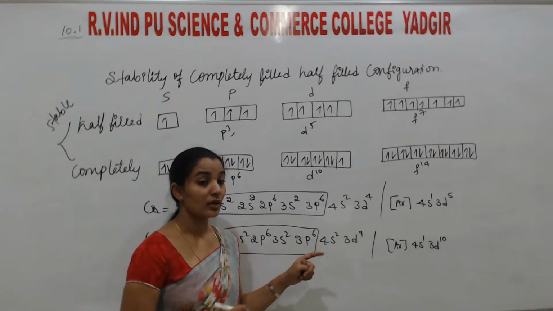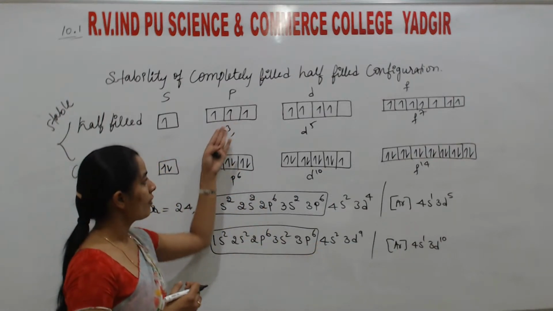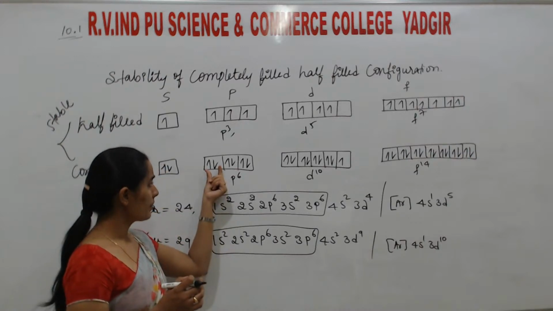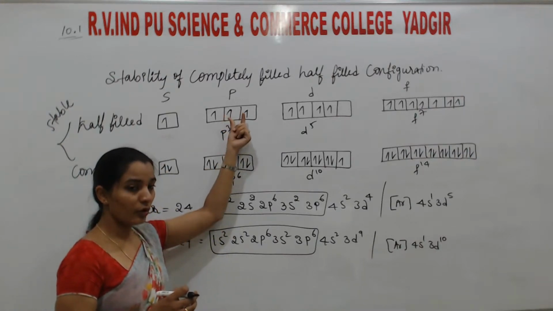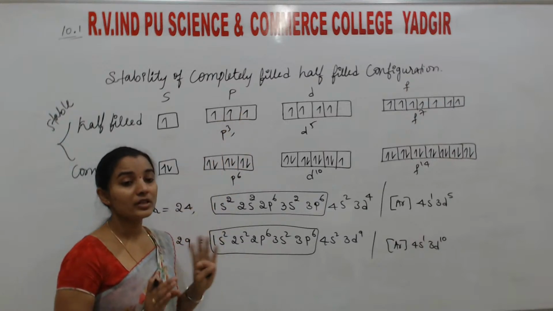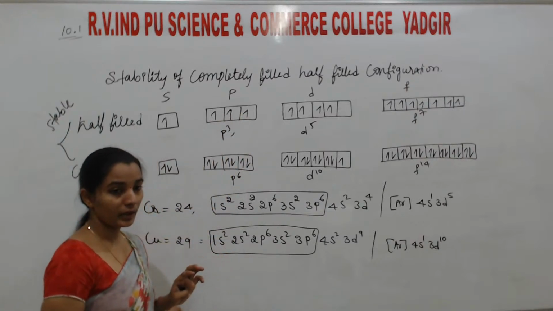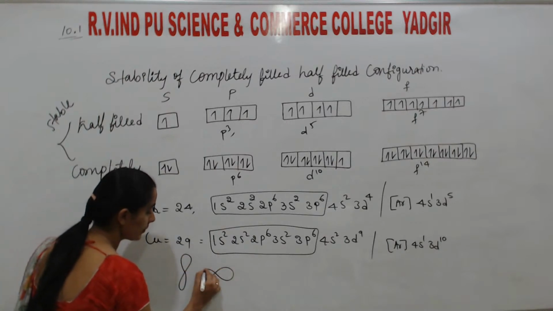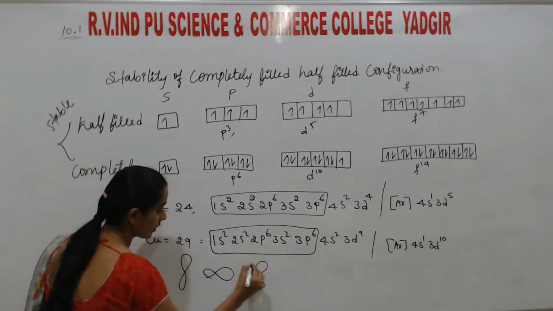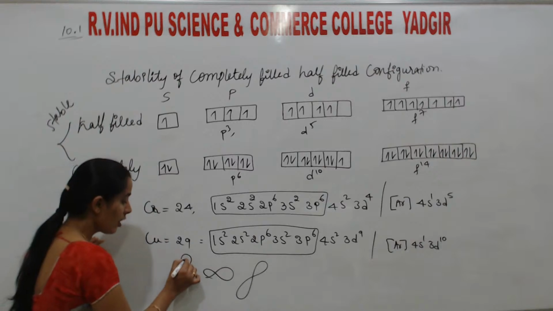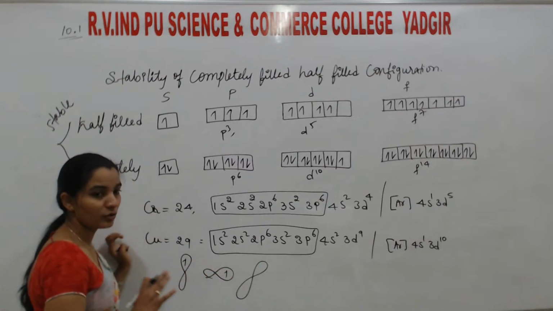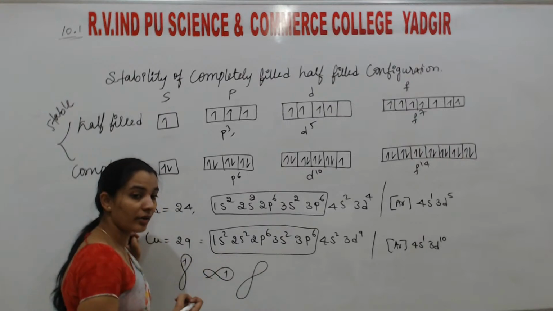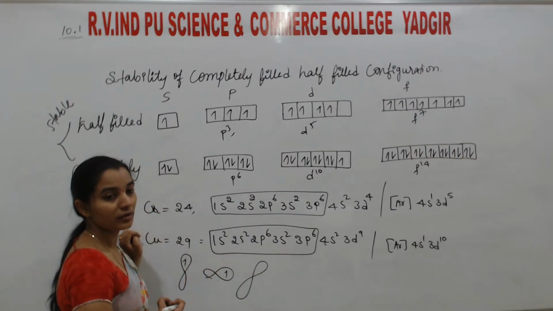What is the reason for the stability of half-filled and completely filled configuration? They are stable because the electrons are in the same orientation, so there is no repulsion between them. Here p orbitals are there, listen. If any one orbital has two electrons, then the other orbitals try to attract those electrons towards themselves.